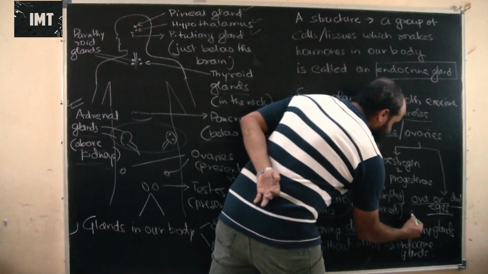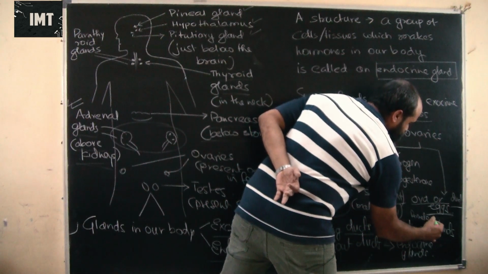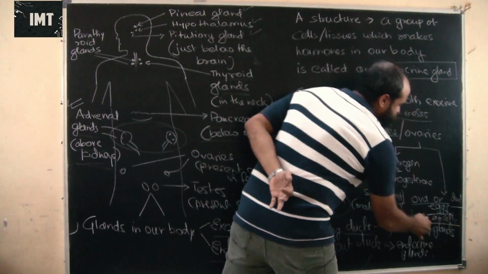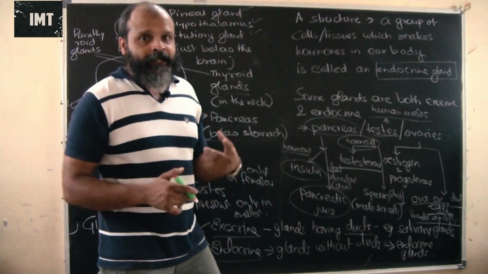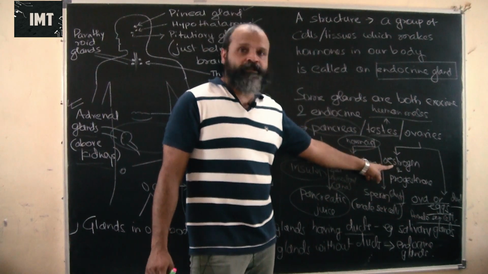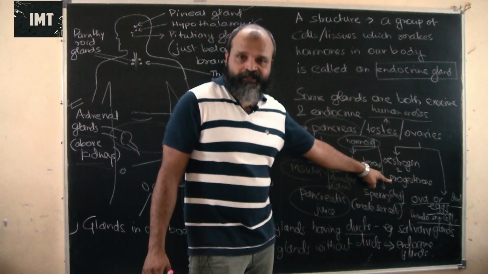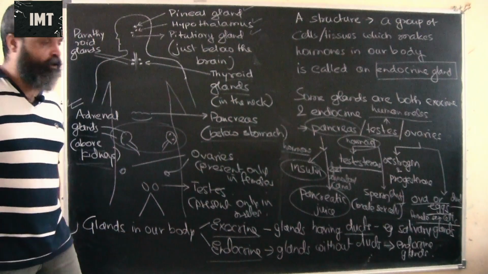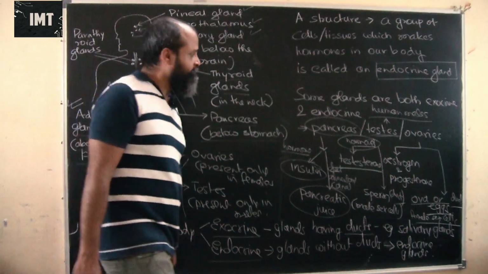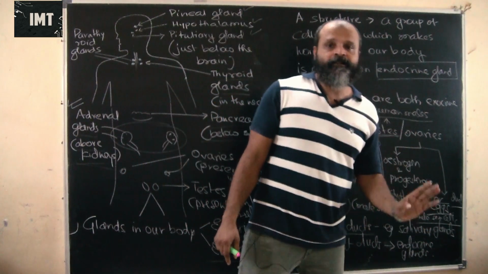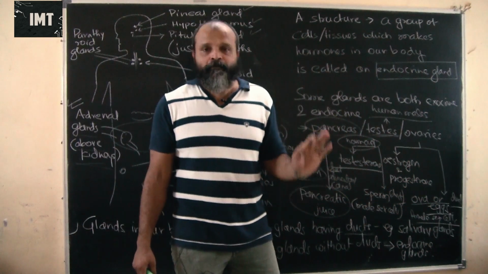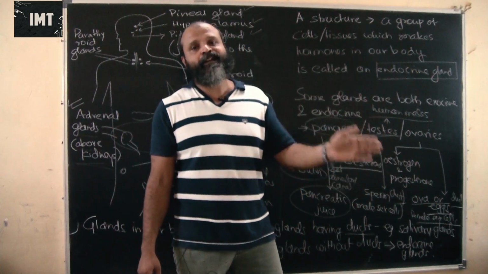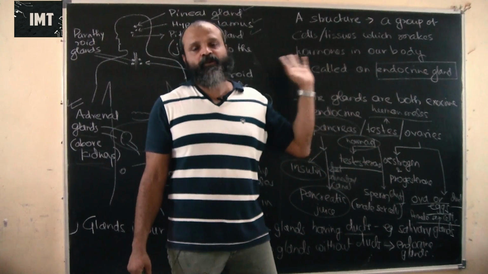They also produce the hormones estrogen and progesterone, which are the female sex hormones. So these are certain glands which behave both as an endocrine and an exocrine gland.